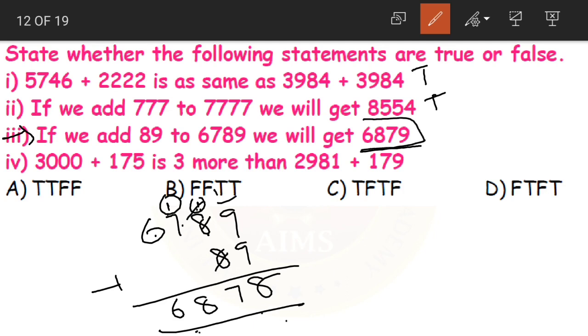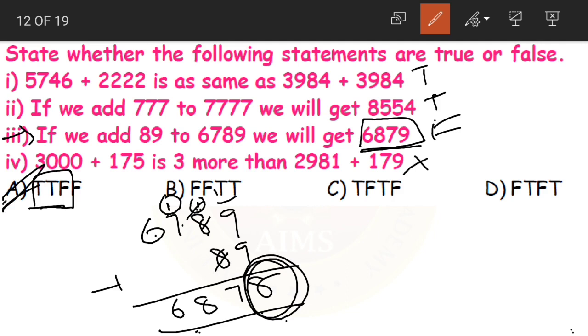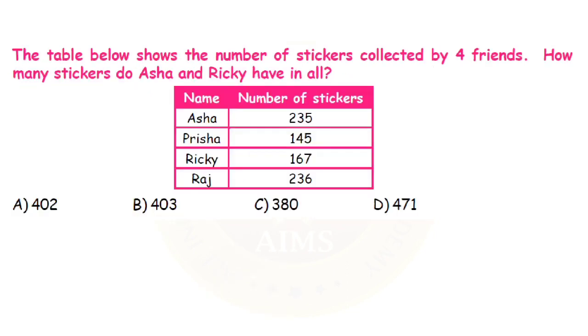Now what did they say here? They said that we'll get 6879, but we got 6878. So it is false. See, again in option A, true, true, false, right? So simply, even without solving statement 4, we can say that option A here is the correct answer.